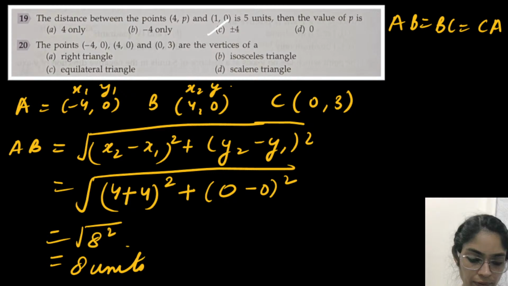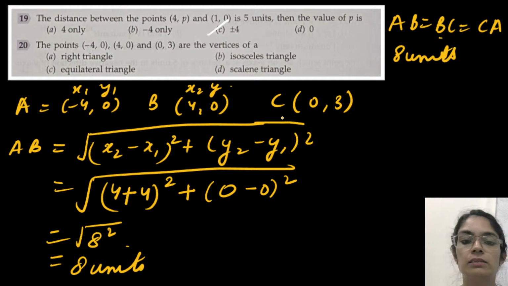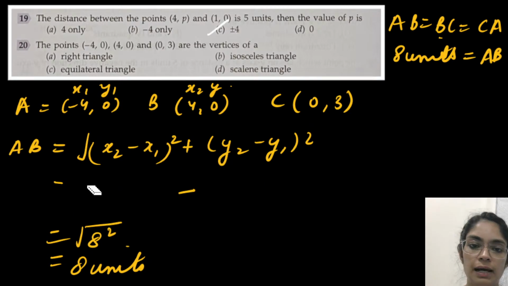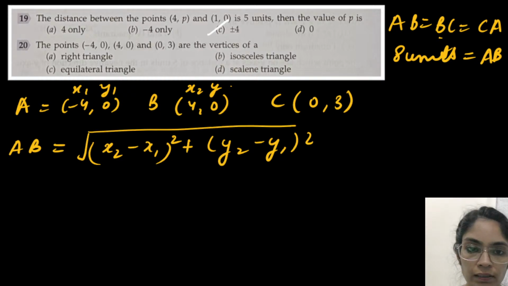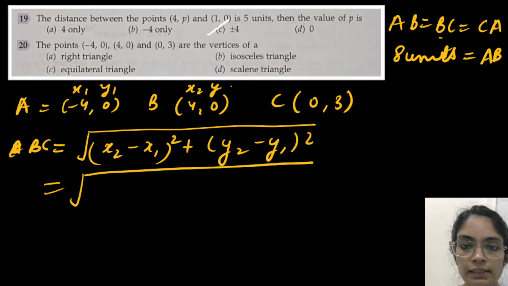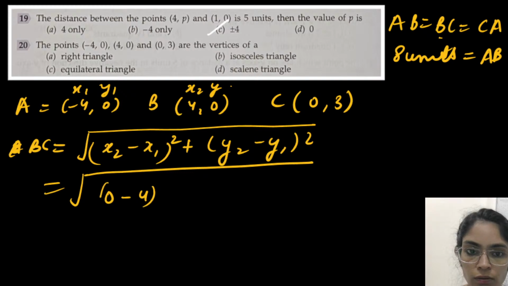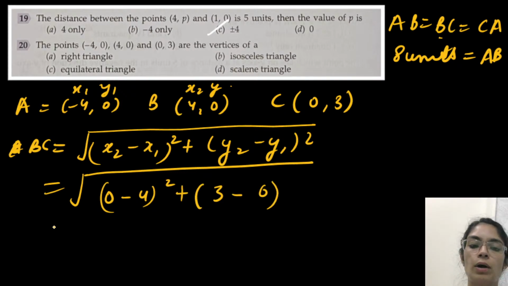Let's do BC now. One by one we will find the distances. First of all, AB I have found, 8 units. Now BC we will find, then only we will come to know which type of triangle this is. The formula I have already written, so you can also find the distances along with me and tell me. Even Madhusudan has already done it and told me the answer. So for BC, coordinates of B and C I am going to use. x2 is 0 minus 4 whole square plus y2 is 3, y1 is 0.